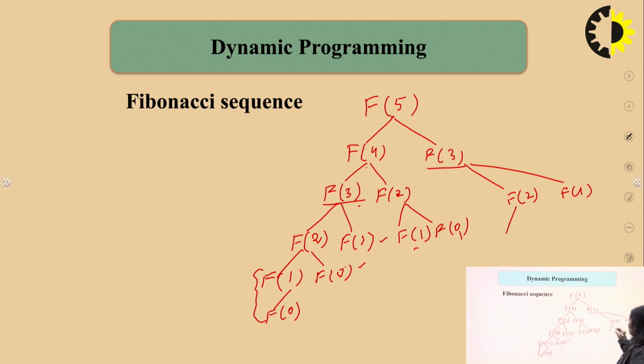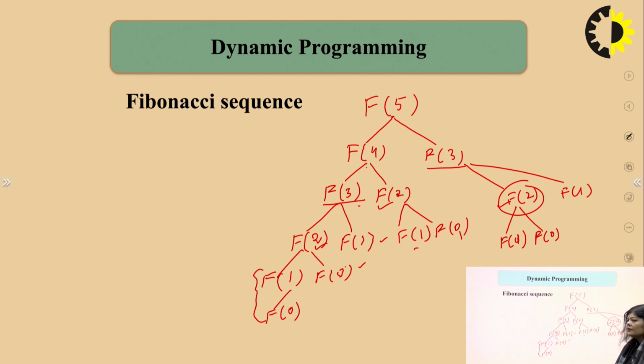And for F2, I need F1 and then F0. So we can see that for F2, we have one instance which needs to be solved here, and then we need to solve this sub-problem for F2 again.